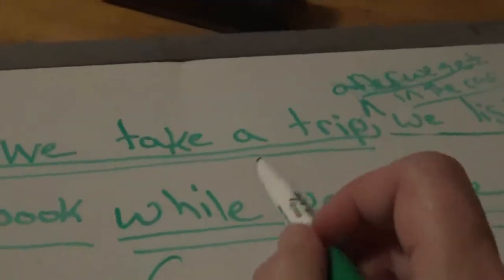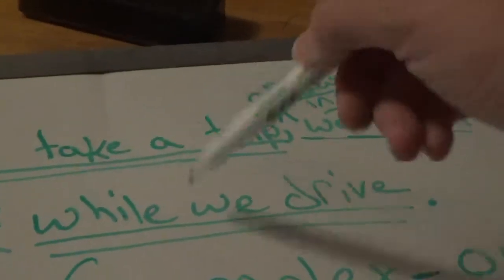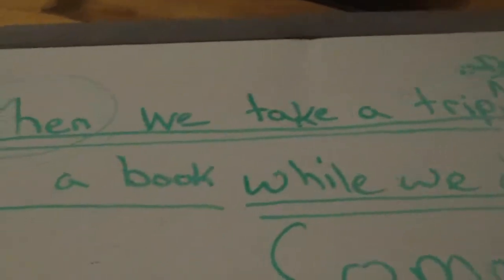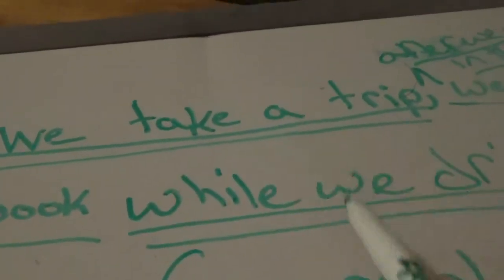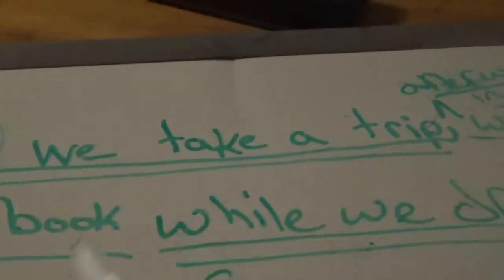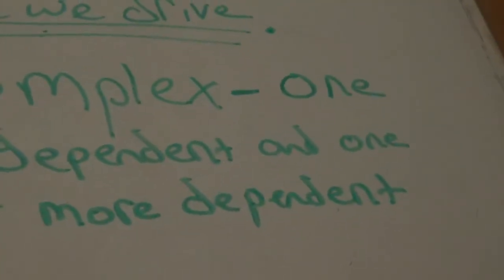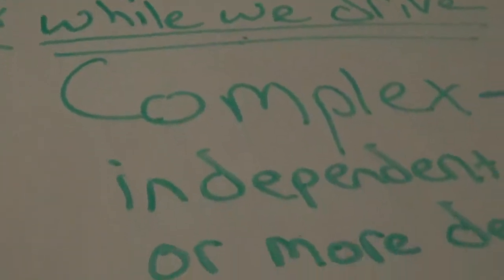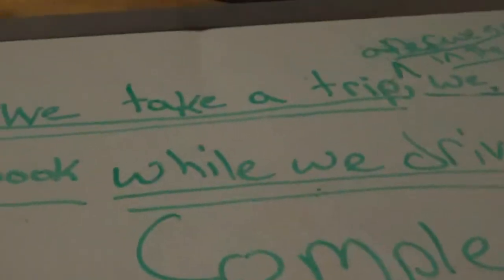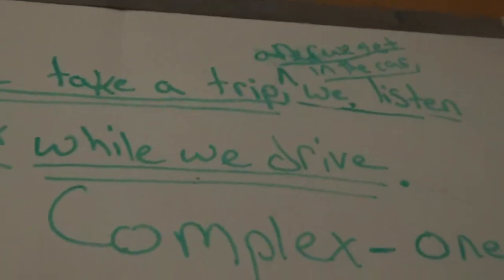And we could even move this around and say, when we take a trip, while we drive, after we get into the car. So you could rearrange that. But again, we have one or more dependent clauses and one independent clause. So a complex sentence is one independent clause and one or more dependent clauses. It helps if you're trying to sort out, maybe you see a sentence like, when we take a trip after we get in the car, we listen to a book while we drive, and you think, gosh, that's kind of a long sentence.